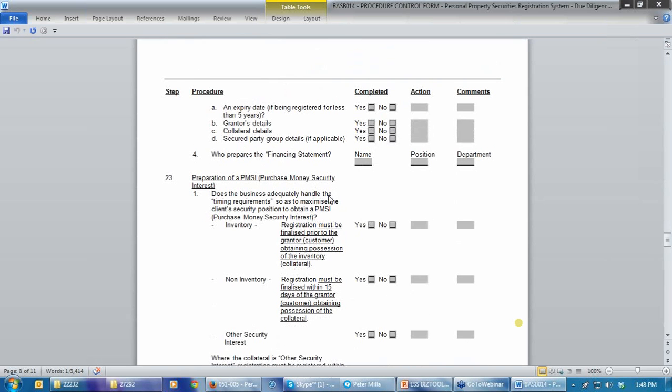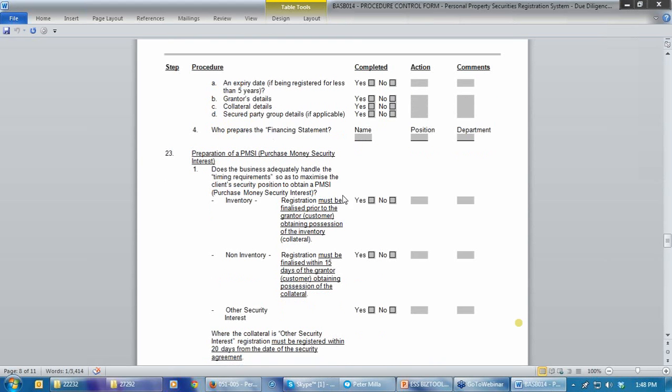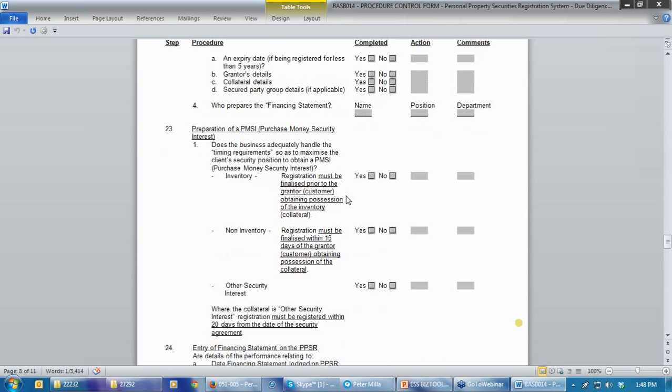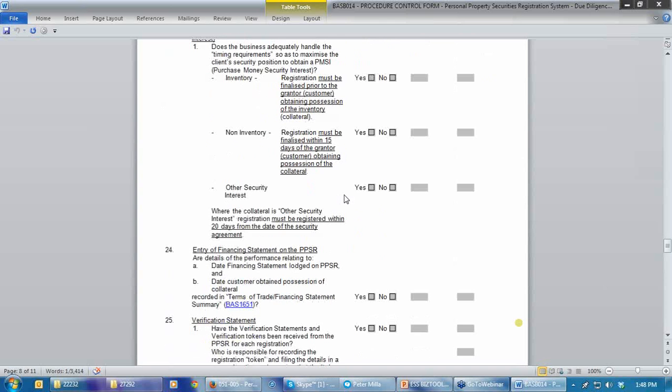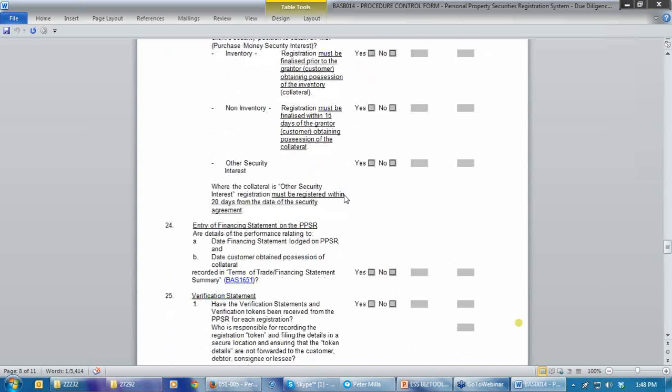You can also obtain a far superior registration called a PMSI, a Purchase Money Security Interest, and there's some summary there on that. It can apply to inventory, non-inventory and other security, but the documentation definitely has to be lodged by those time deadlines.